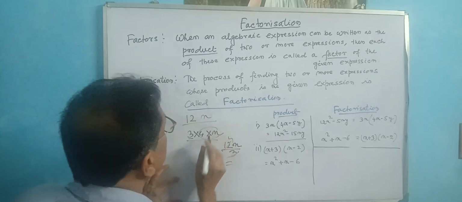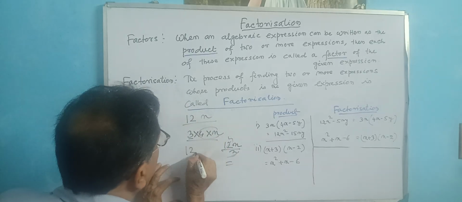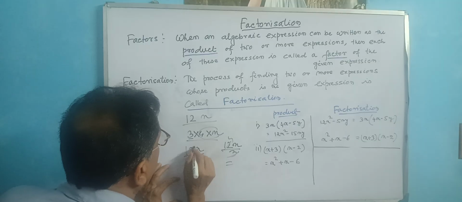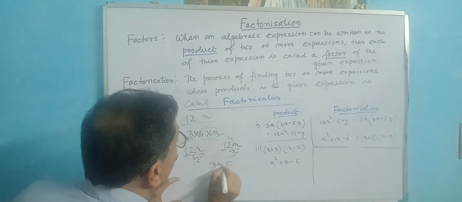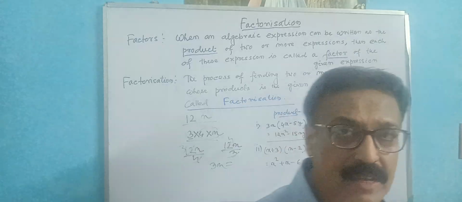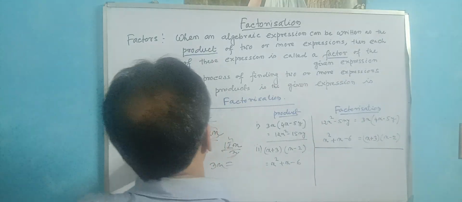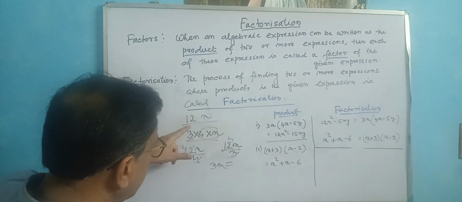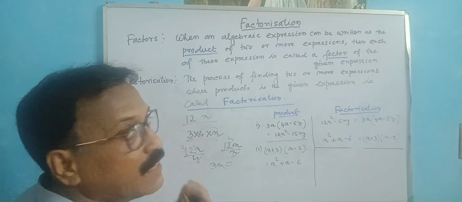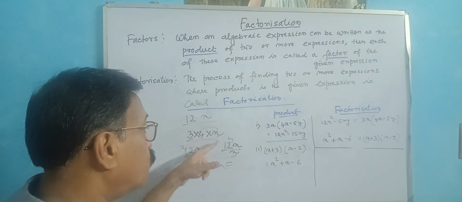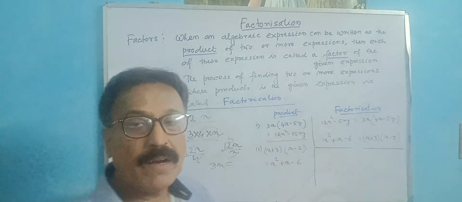If you divide 12x by 4, you get 3x. So 4 is also a factor. Each and every element here is separately a factor of 12x: 3 is separately a factor, 4 is separately a factor, and x also. So these are the multiple relation.